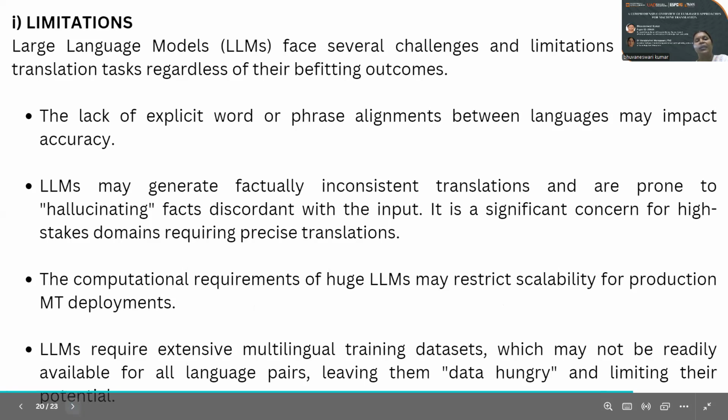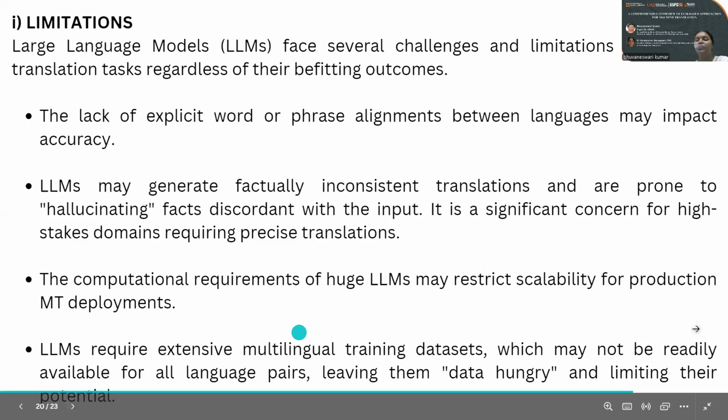The limitations or challenges LLMs face include, first, the lack of explicit word alignments between languages that may impact accuracy. The next major challenge is that they generate factually inconsistent translations, which are prone to hallucinating facts discordant with the input. It would be a major concern when stakeholders demand precise translations.